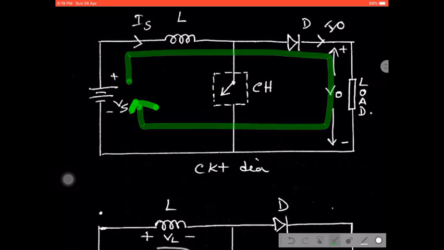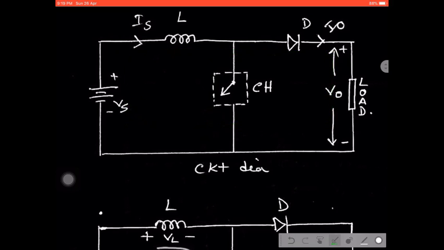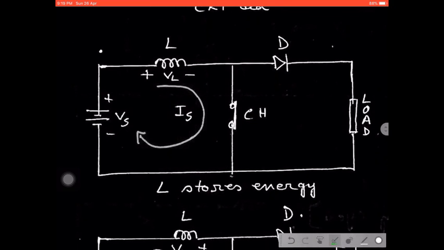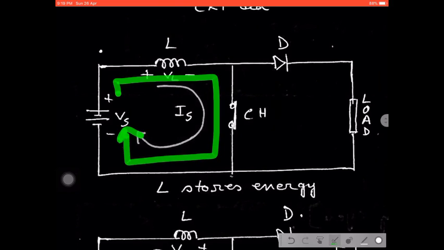Then what happens if we consider this type of 2 mode operation? The first circuit we declare is for charging of the inductor when the switch remains closed. When the switch is closed, it behaves like a closed circuit, so the current easily flows through this circuit in this way.